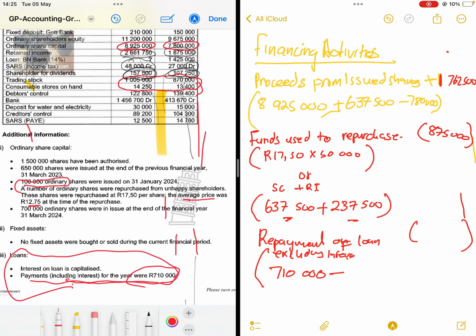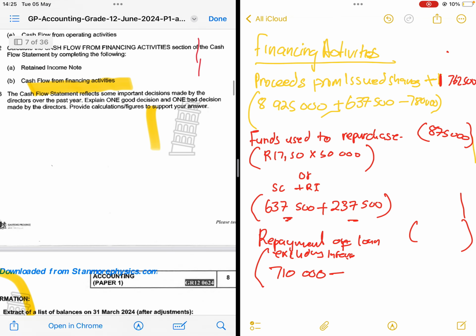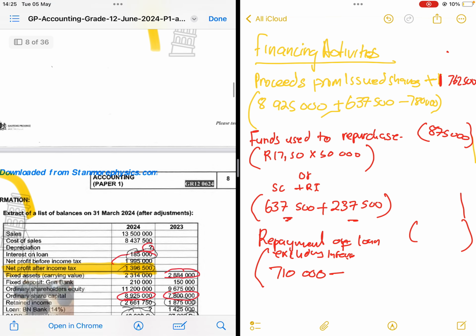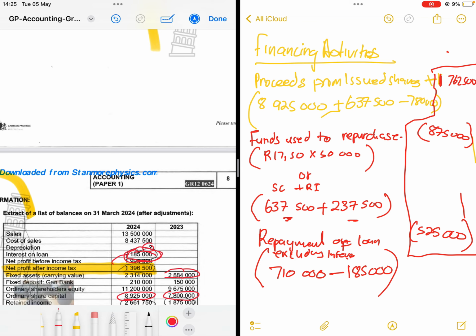You minus the interest on loan. If you check the interest capitalized on loan, it is 185,000. So 710,000 minus 185,000, you get 525,000. Clear?